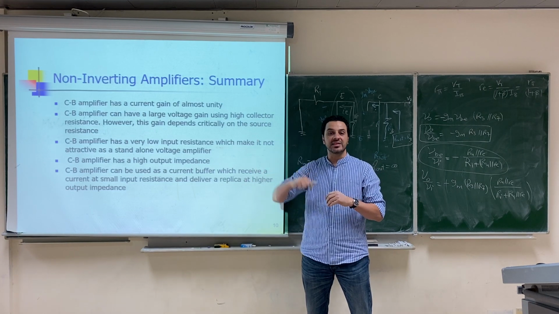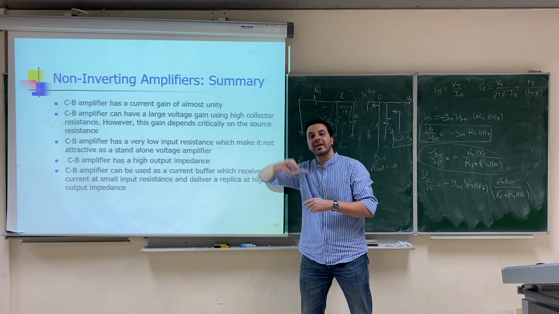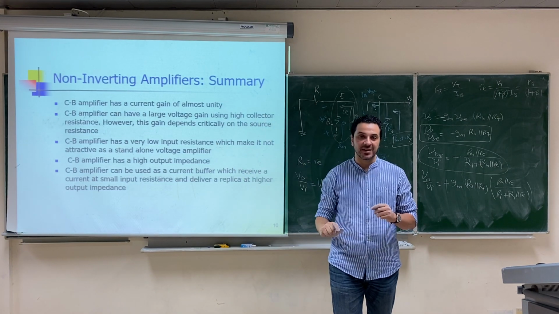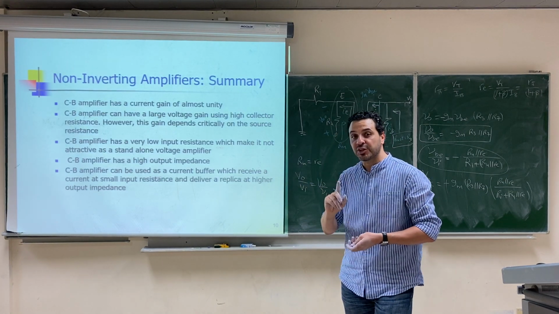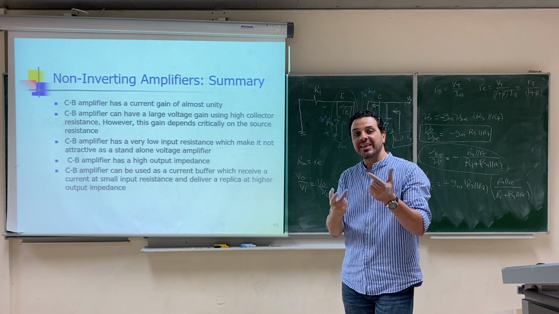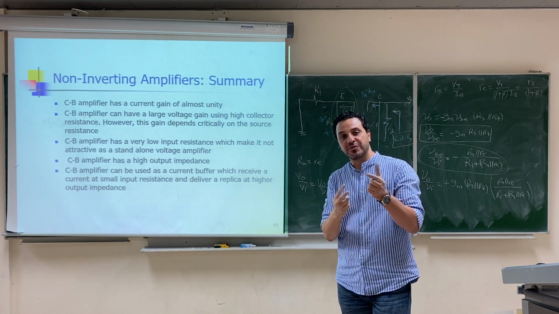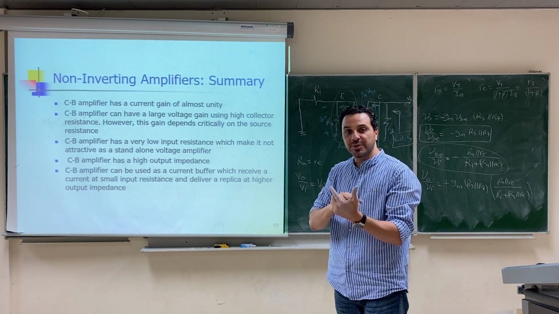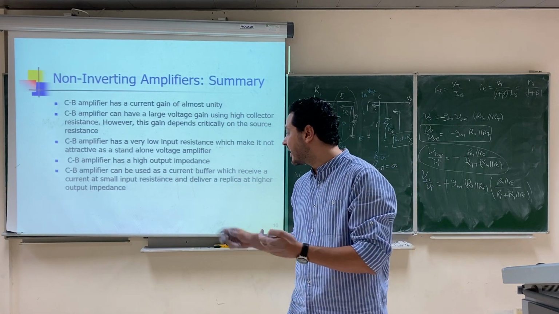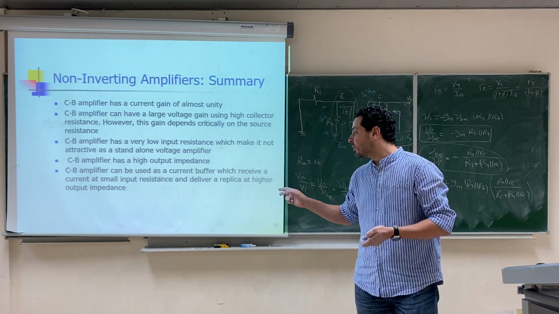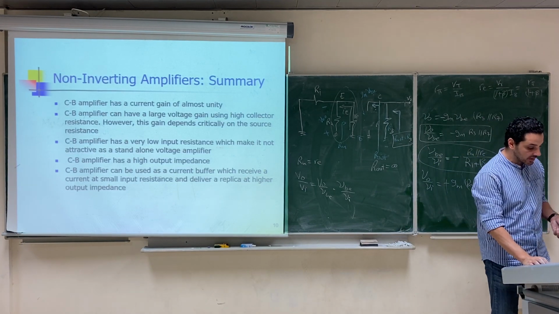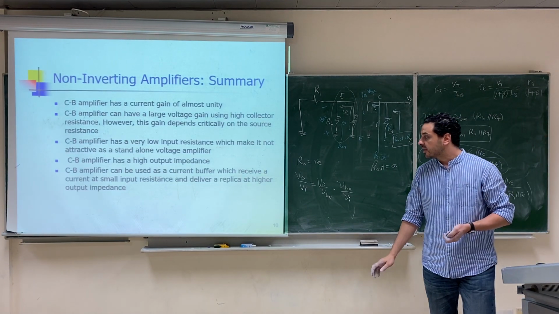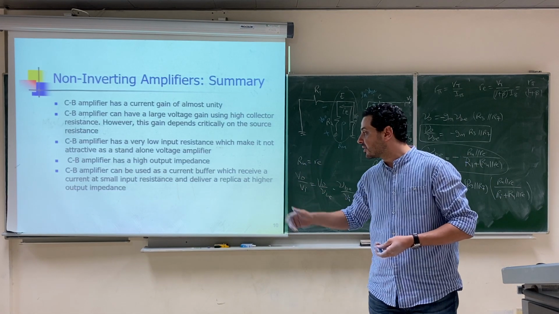And if the output resistance is high, then it will deliver most of the current at the output. So we can use it as a current buffer, not a voltage buffer. A current buffer needs the opposite requirements of the voltage buffer. It needs small input resistance and high output resistance. So we use it sometimes as a current buffer to receive the current at small input resistance and deliver it at the output at high output resistance.